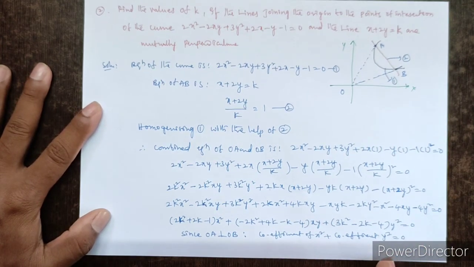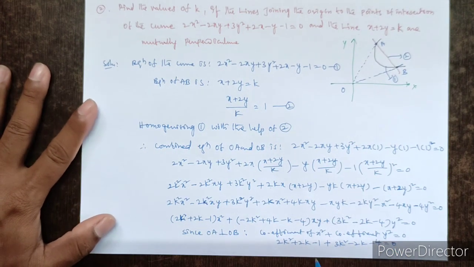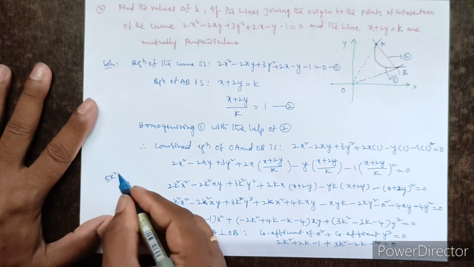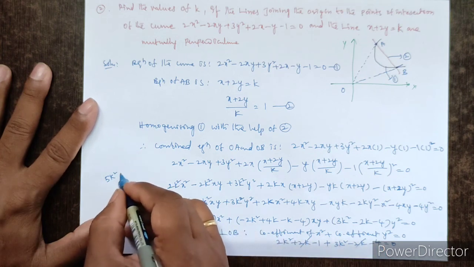A plus b equal to 0. Therefore coefficient of x square is 2k square plus 2k minus 1 plus 3k square minus 2k minus 4 equal to 0. So 2k square plus 3k square is 5k square, plus 2k minus 2k get cancelled, minus 1 minus 4 equal to minus 5.